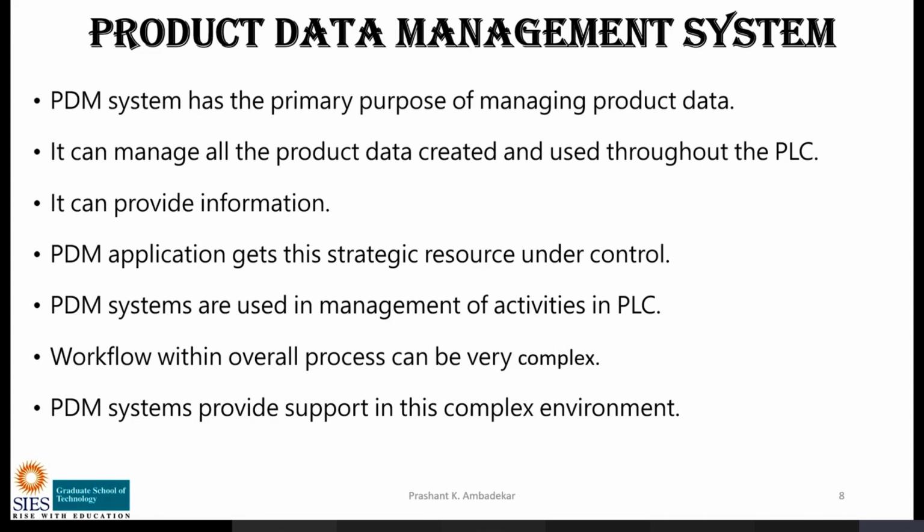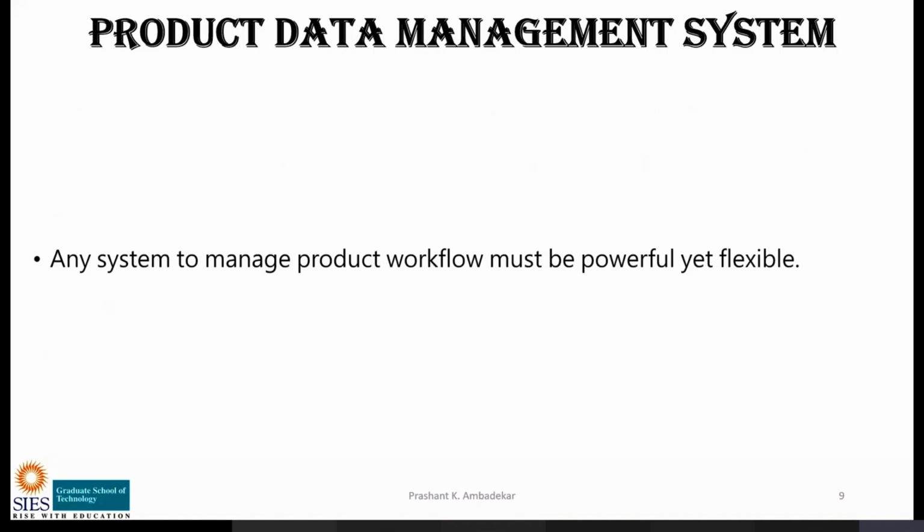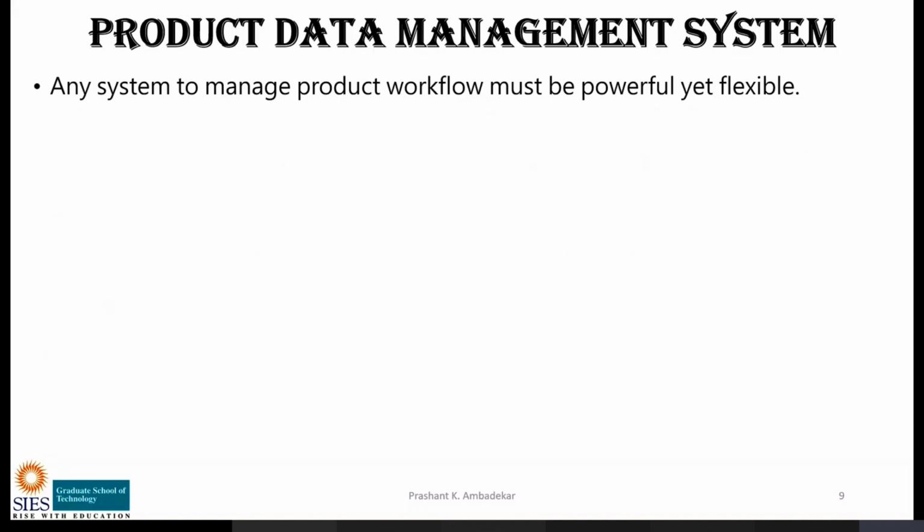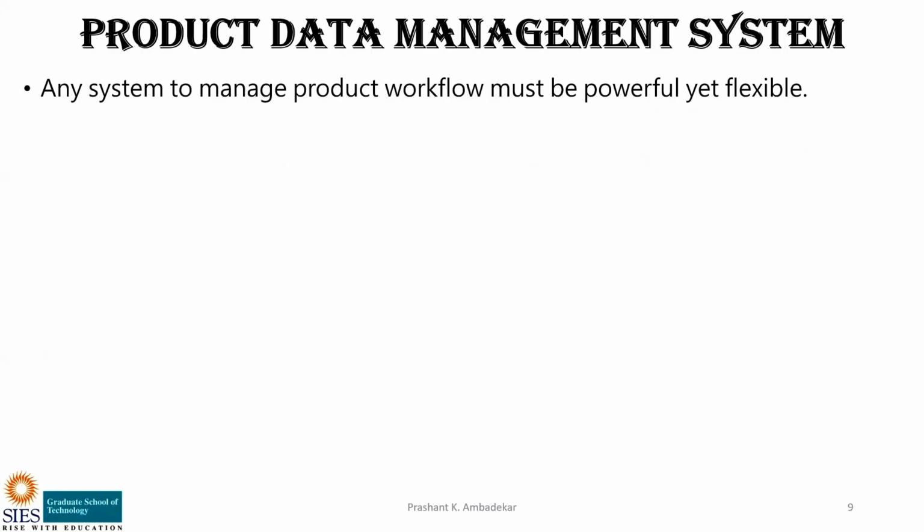So you must have understood that in an organization, a lot of activities happen, and if there is a proper system, then that system can take care of all these complex activities that are happening in the organization. Any system to manage product workflow must be powerful yet flexible. It should have the capability to maintain control over the product flow sequence.